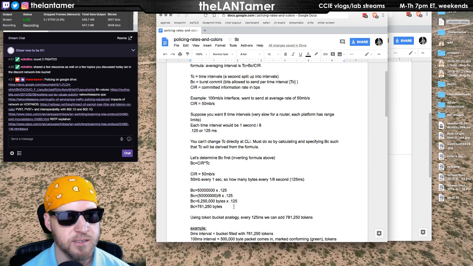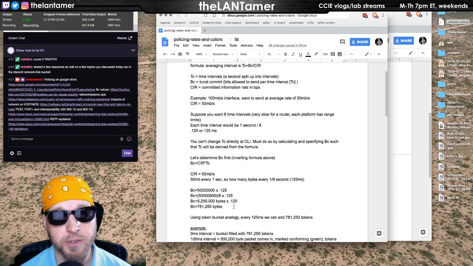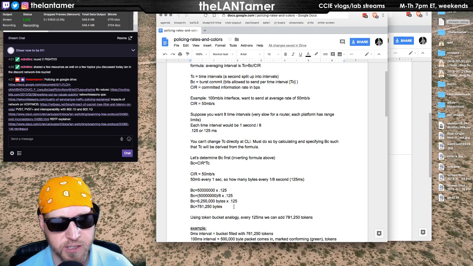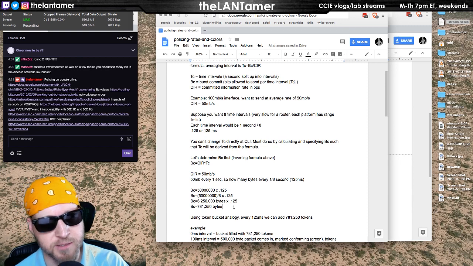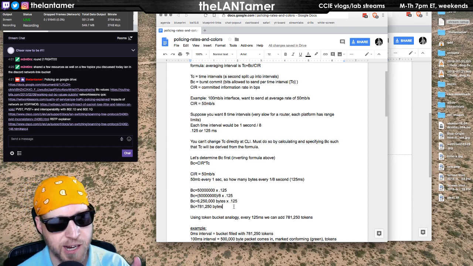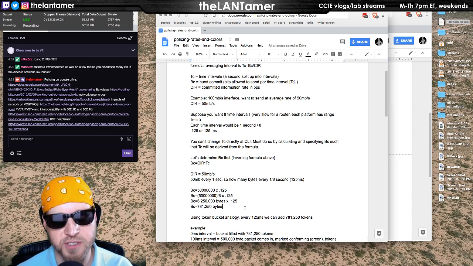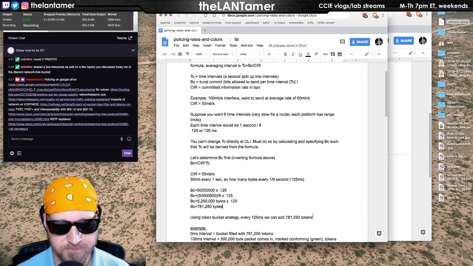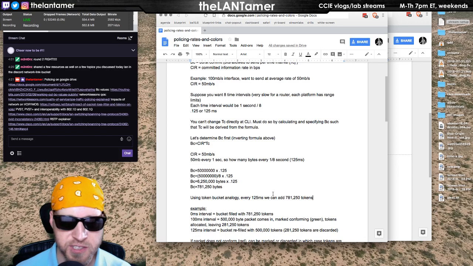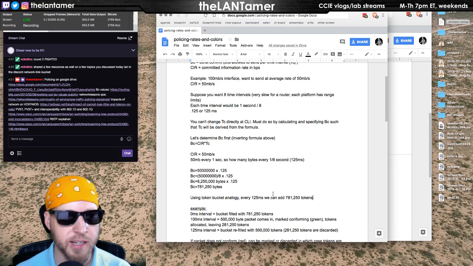That's the idea. So what we can do is every 125 milliseconds, we look at the queue, the packets coming in, and see how big are they, right? And we can create a system for managing that. And most often, there's a token bucket analogy used. Essentially, it's 1 token per byte.